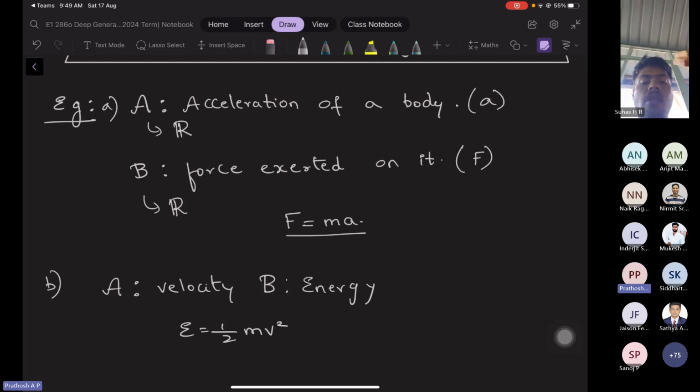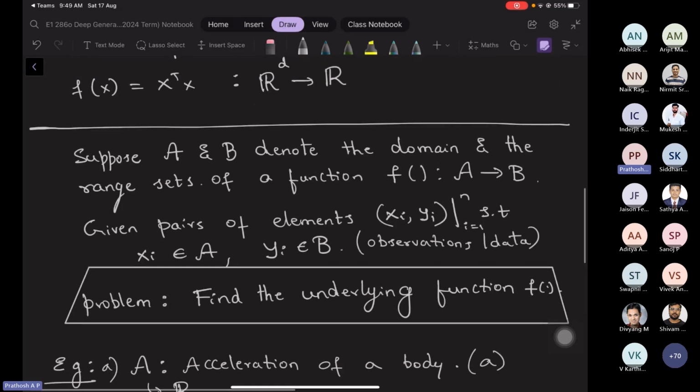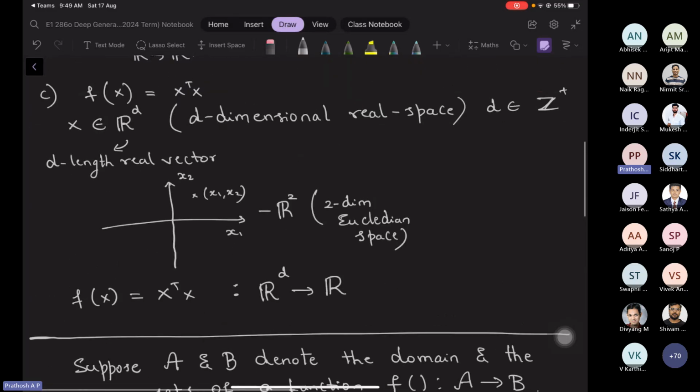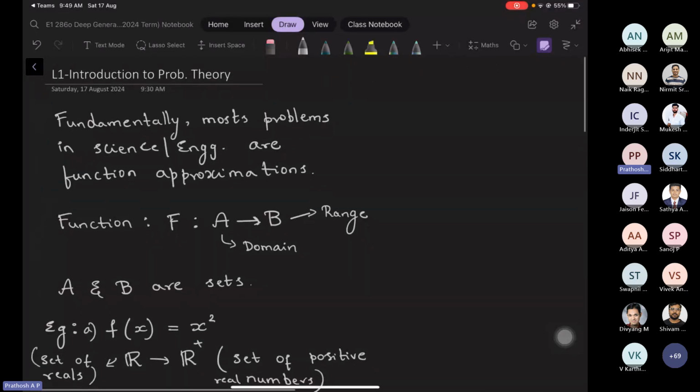And so on, right? Now you get the point. A lot of scientists and engineers wanted to figure out this relationship. A lot of the research that people were doing was focused on finding the relationship between the measurements that I have done, and these measurements are represented as elements of sets. So mathematically speaking, as I said in my initial statement, most problems in science and engineering are function approximations.